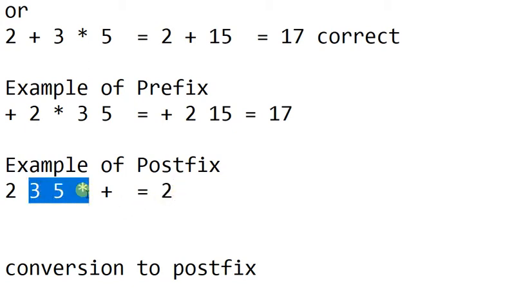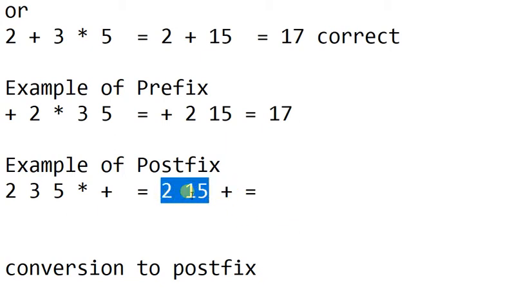When we apply the multiplication operator, it becomes 15 and then plus. Now again this operator will be applied on these 2 operands, and the answer would be 17. Again there was no confusion. So prefix and postfix notations are very easy to evaluate, and we do not need to care about the precedence of any operator, because we solve it as they come to us.